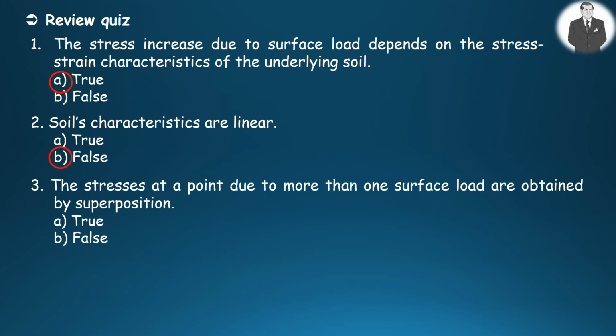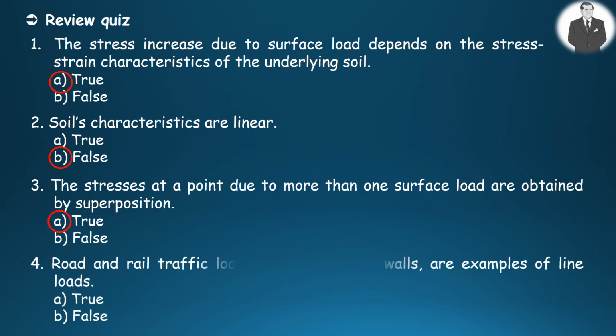The stresses at a point owing to more than one surface load are obtained by superposition. This is also an easy-peasy one. Yes, well done. It's true. And the fourth one, road and railroad loads and loads from walls are examples of line loads.